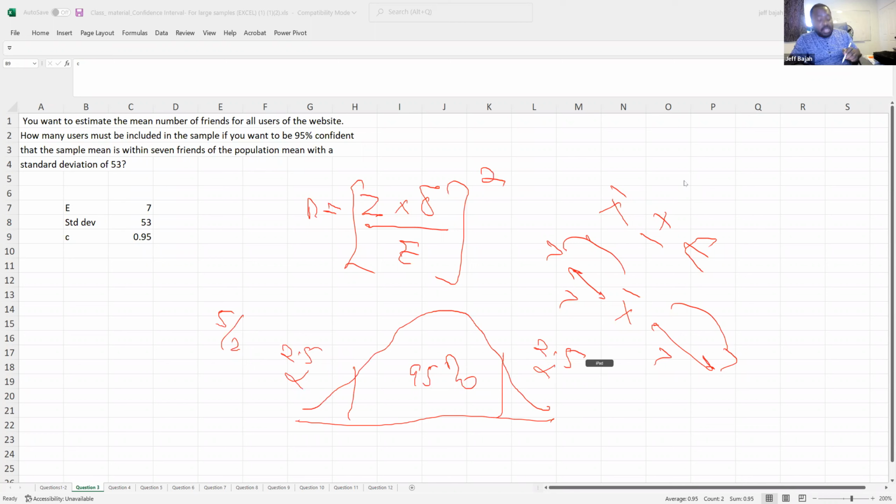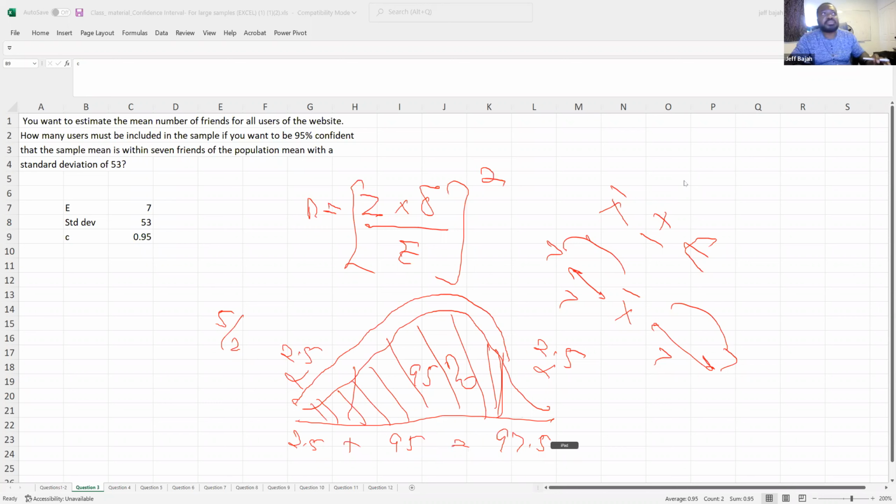So if you are going to convert this into your Z value, what you're looking at is a scenario where you need to use your values all the way from here to this value. So everything here. And so you can see this is your 2.5 plus your 95. So what you have here is 97.5%.